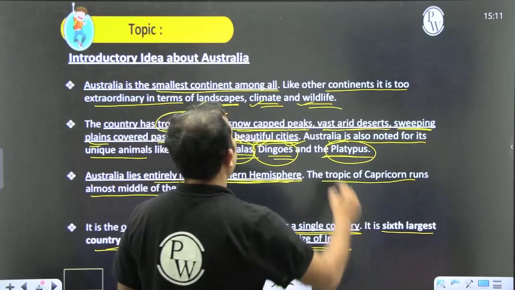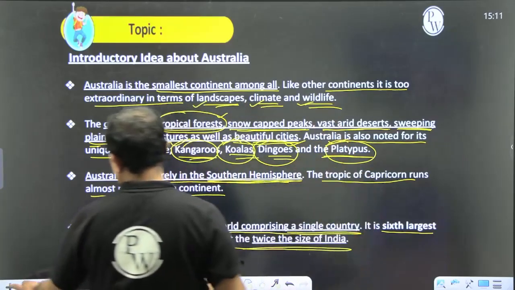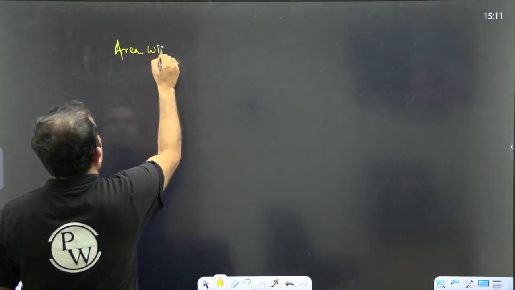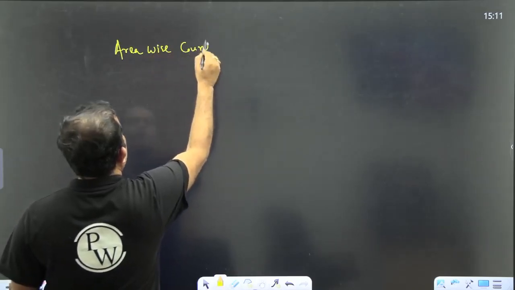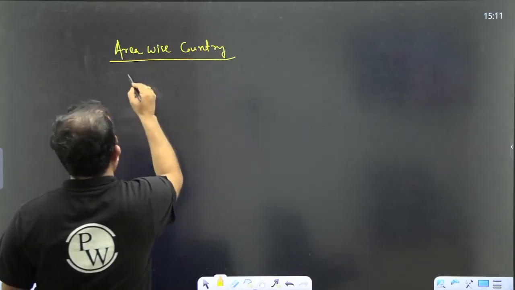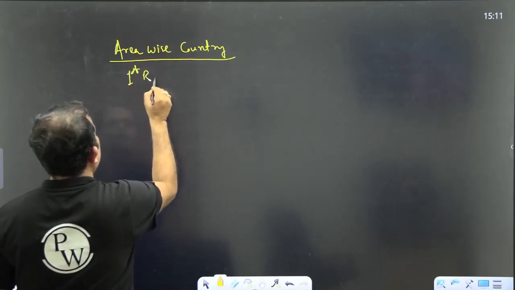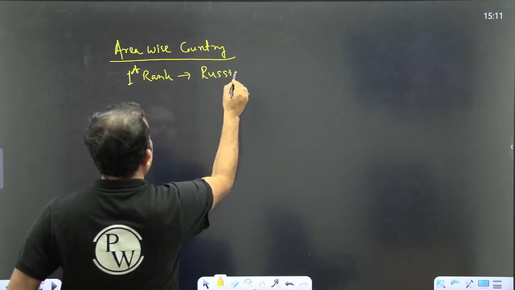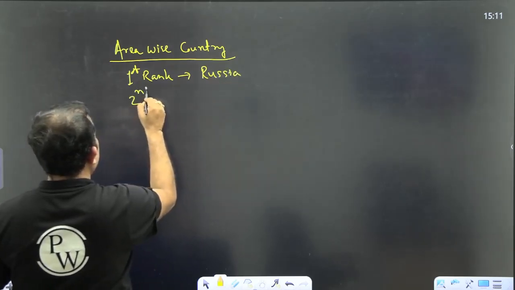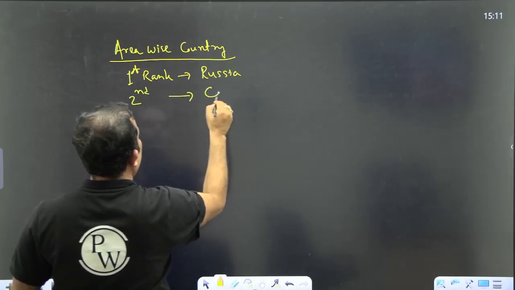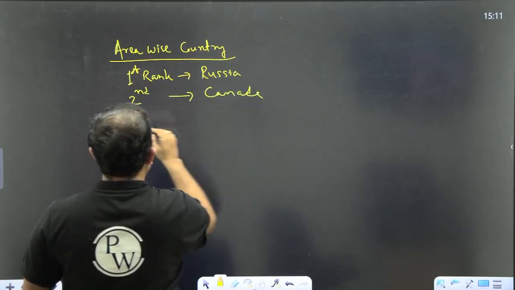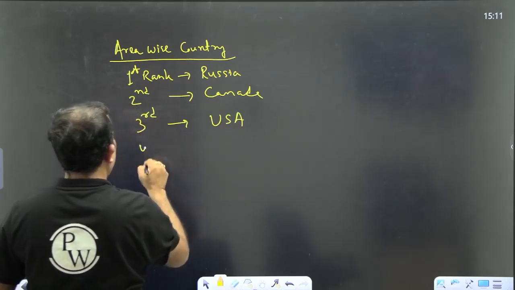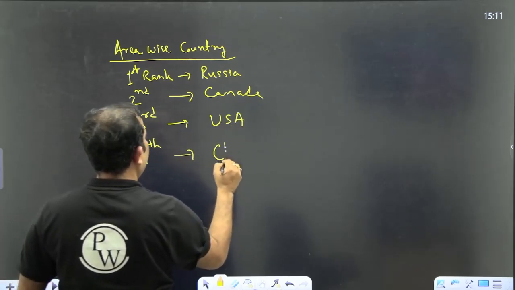If I say area wise, the country at number 1, first rank, is Russia. Second is Canada. Third is USA. Fourth is China.